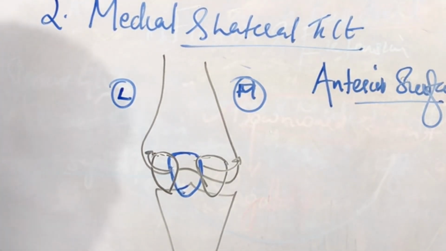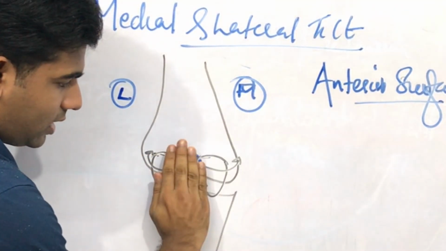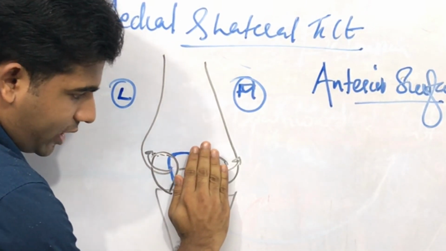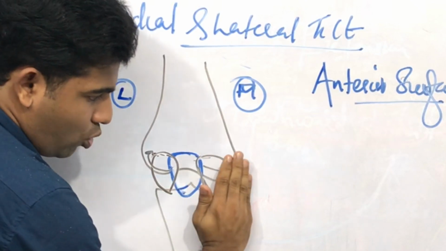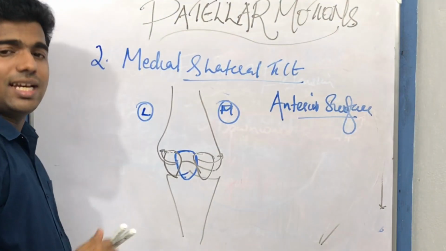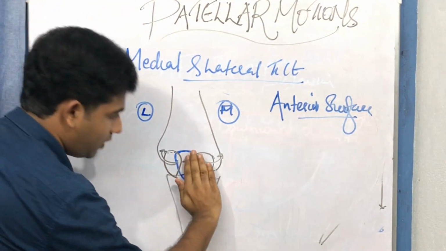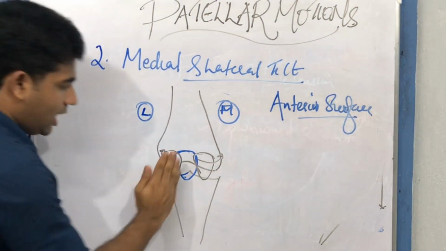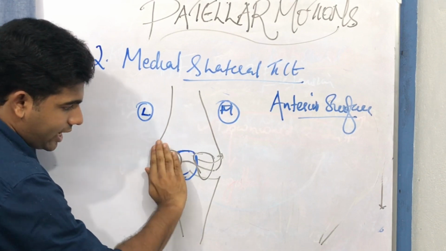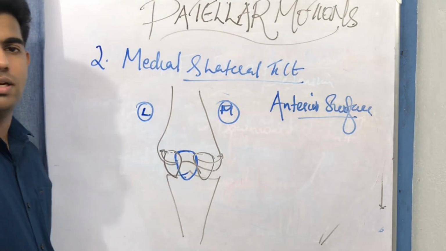Can you understand? The patella is here initially, it is moving over here, and at the same time it is tilting diagonally. That is known as the tilt of the patella. If it is tilting to the medial direction, it is the medial tilt. If it is tilting to the lateral direction, it is the lateral tilt of the patella.